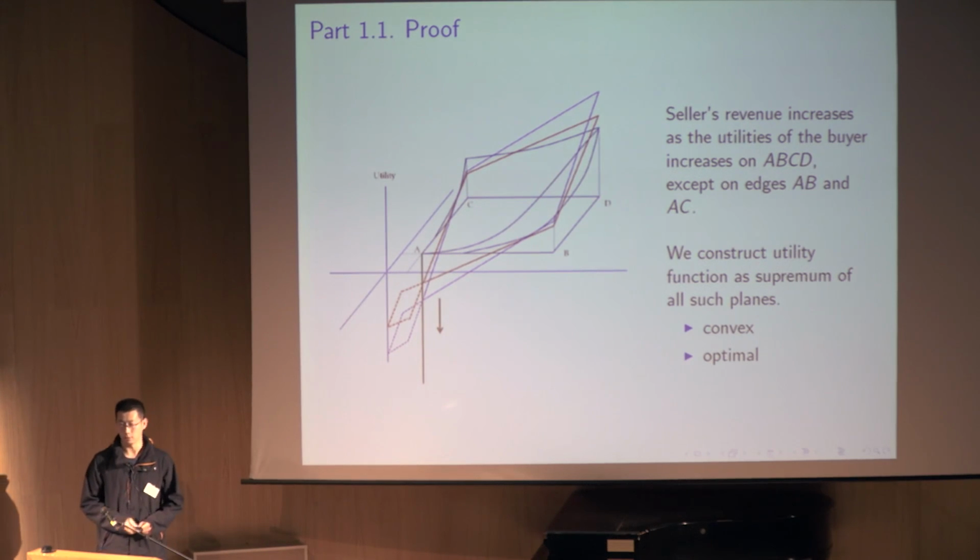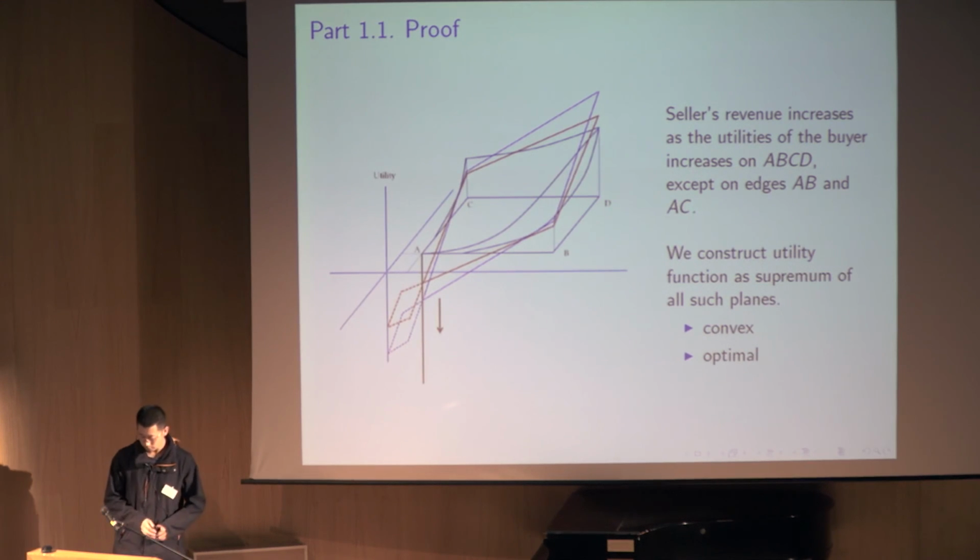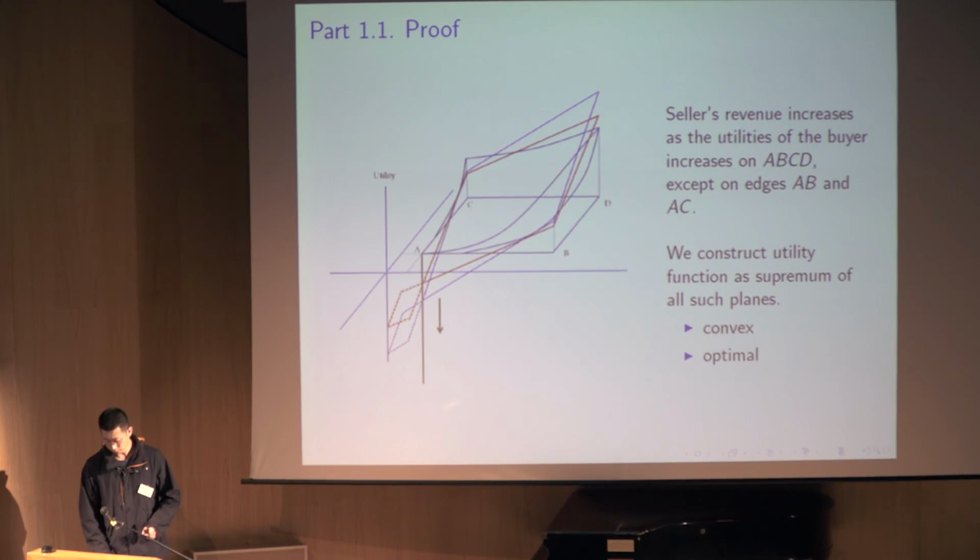And we construct the utility function as the supremum of all such planes. And we can prove this utility function is convex and it is optimal. So in the corresponding menu representation, the menus can be sorted such that the allocations and the payment increase simultaneously. And this completes the proof.